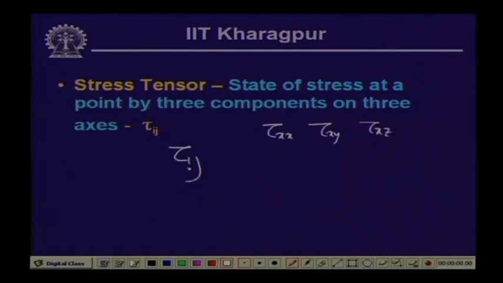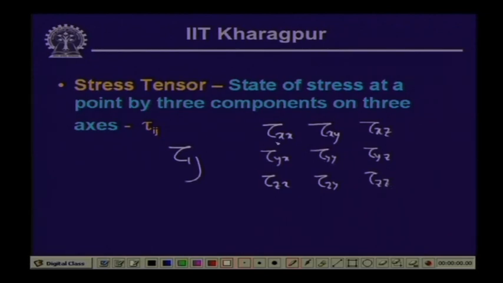When i is the y plane, we will have 3 components in x, y and z direction: tau yx, tau yy, tau yz. Likewise, when i is the z plane, we have tau zx, tau zy and tau zz.